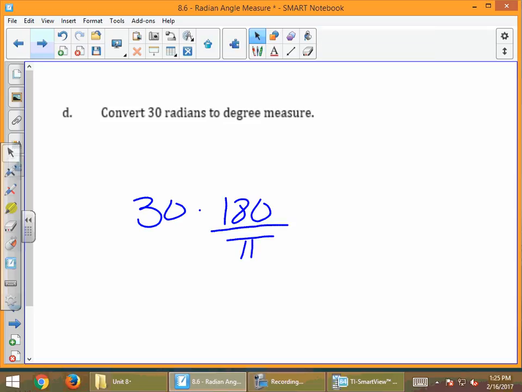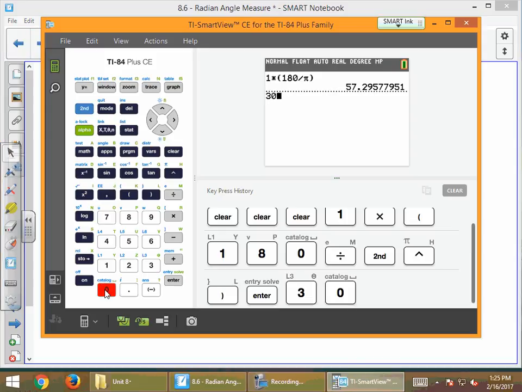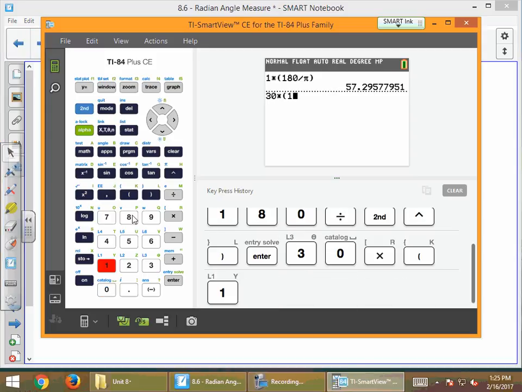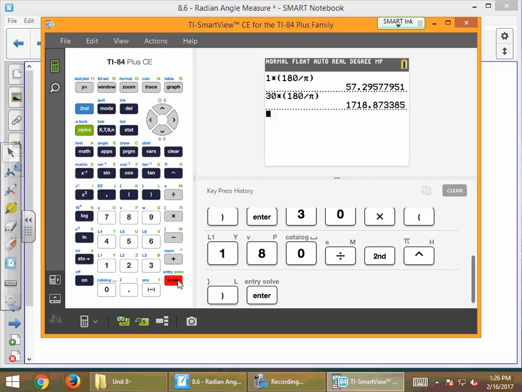Type it into your calculator: 30 times 180 divided by pi. You should be getting a really, really big number. If you're not getting a really big number that looks like that, make sure you're raising your hand. So 30 radians is 1,718.9 degrees.